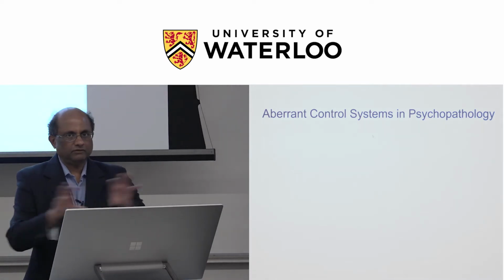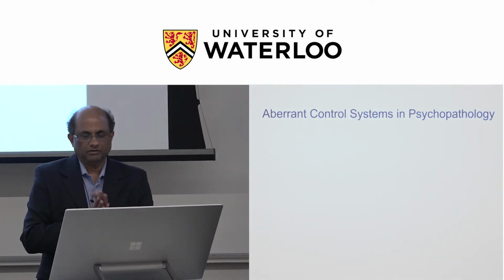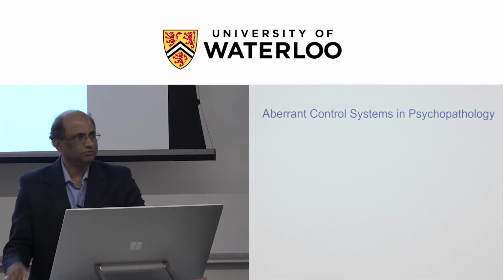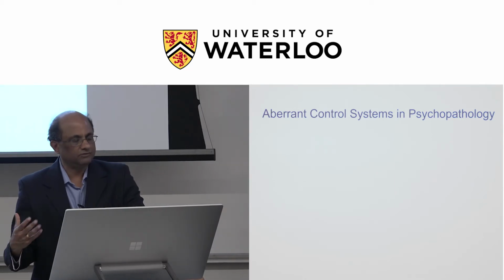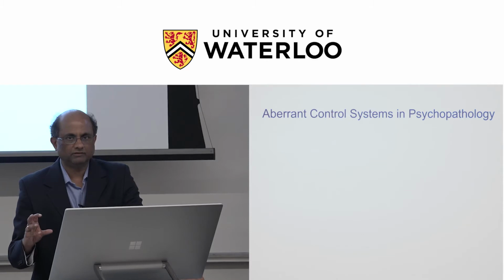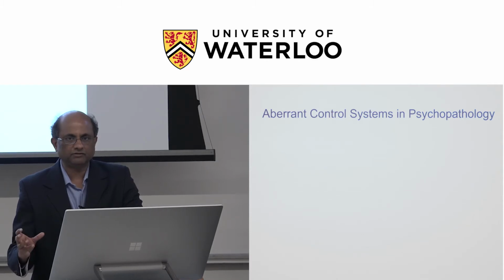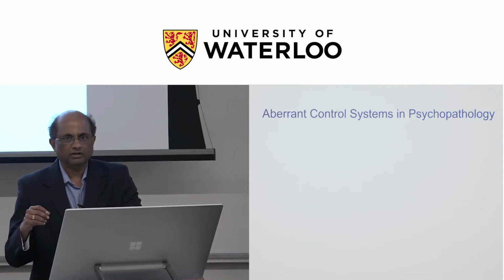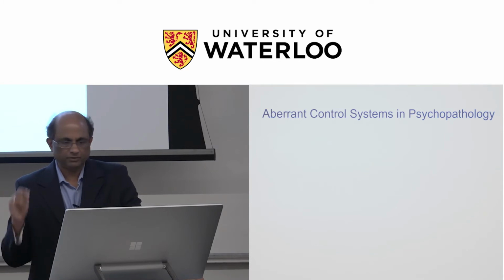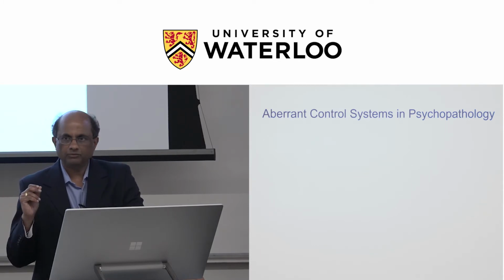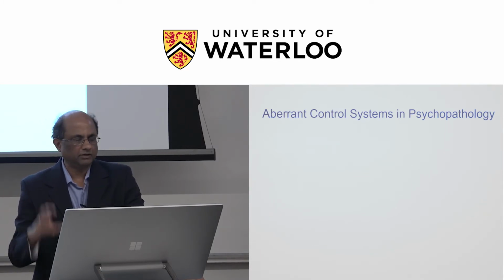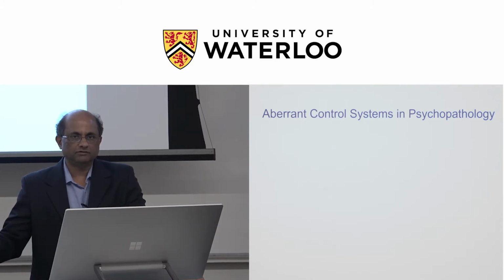So with these ideas and background in mind, I want to turn to the notion of what happens to these systems in various psychopathologies. Most of this work is still with intrinsic functional imaging data, and a couple of studies that we're working on are looking at task data and how this intrinsic flexibility is related to task-related dynamics and flexibility.